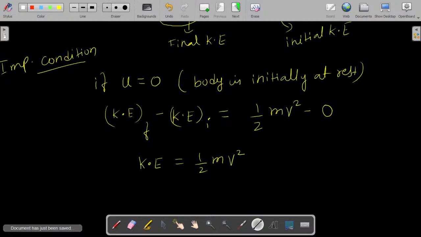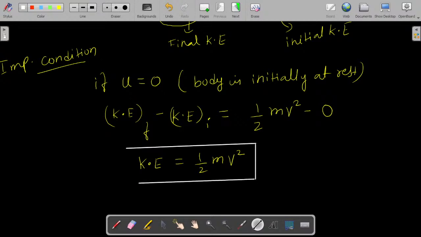Kinetic energy is half m v square, where m is the mass and v is the velocity.